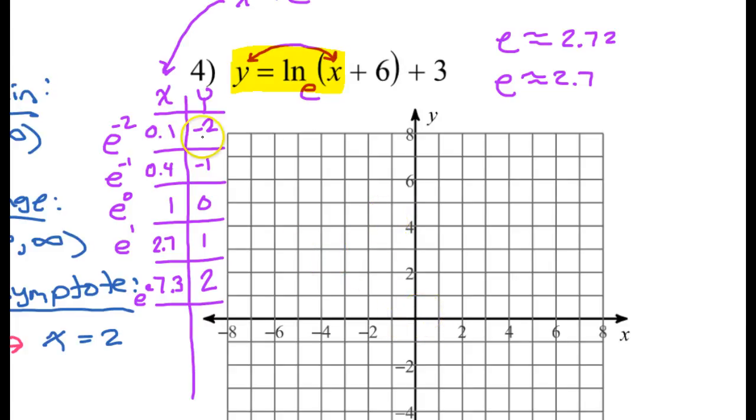So 0.1 comma negative 2 would be about here. 0.4 comma negative 1 would be about here. 1 comma 0, 2.7 comma 1 is about here. And then 7.3 comma 2 is about here.